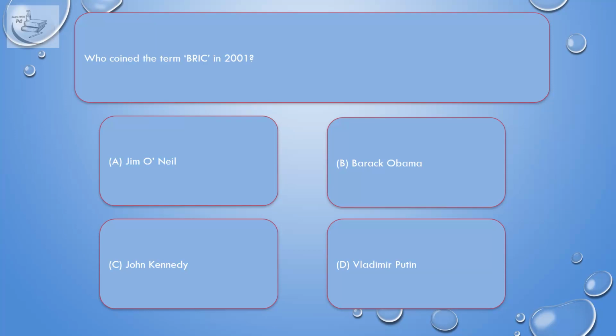Question: who coined the term BRIC in 2001? A. Jim O'Neill. B. Barack Obama. C. John Kennedy. D. Vladimir Putin. Correct answer is A. Jim O'Neill.